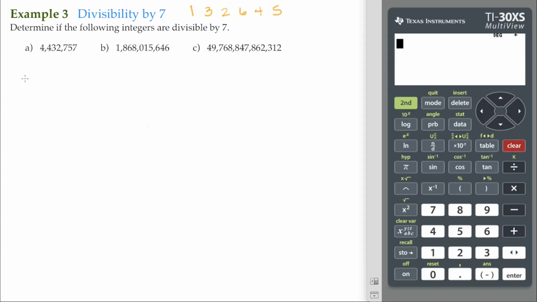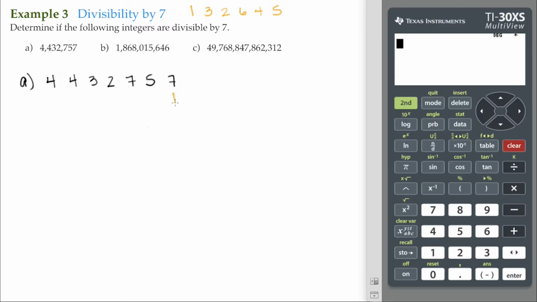So for letter A here, I'm going to write out 4, 4, 3, 2, 7, 5, and 7. I'm just writing out the digits of the number here. Then since this represents the ones position, I'm going to bring down the remainder for a ones position.